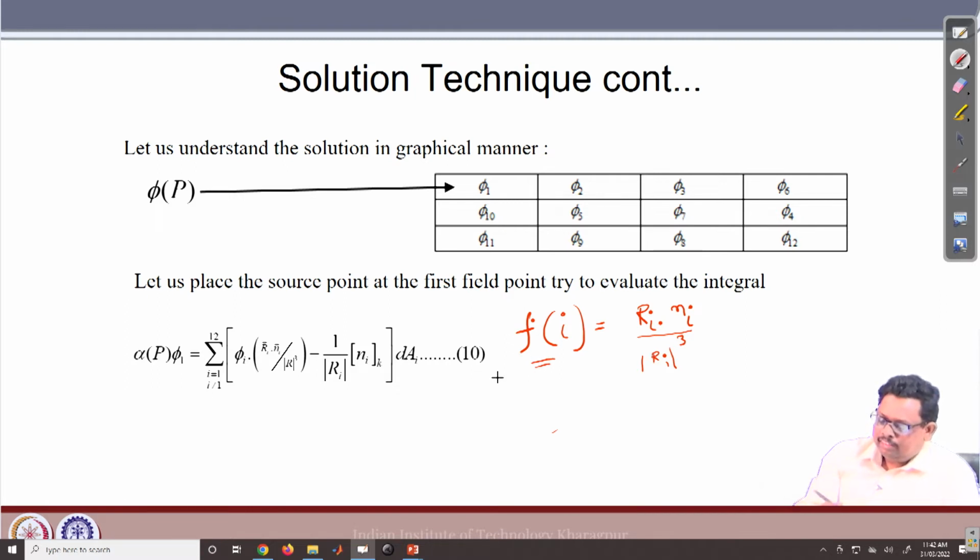So, this is my functional value. If I multiply by the area of this particular panel, I can get the integral value I of the ith panel.